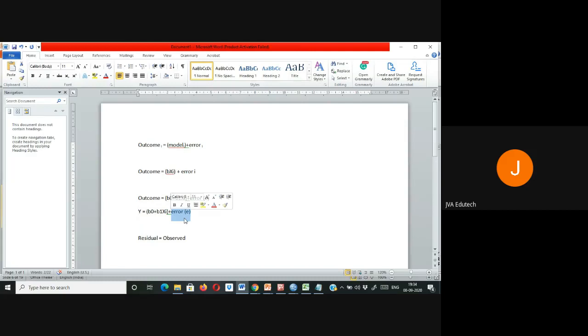So between each data point, the difference between what you observe and what you have predicted will be the residual. So observed minus predicted value will be your residual. Sometimes they are also referred to as the error term, small e.